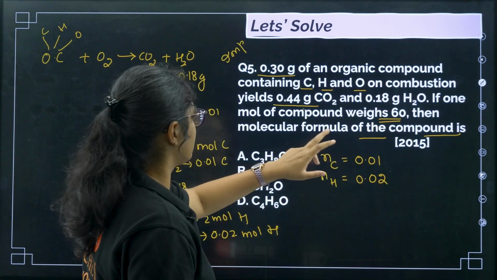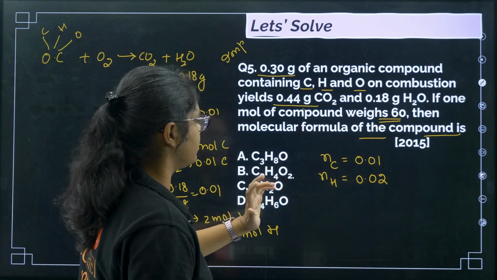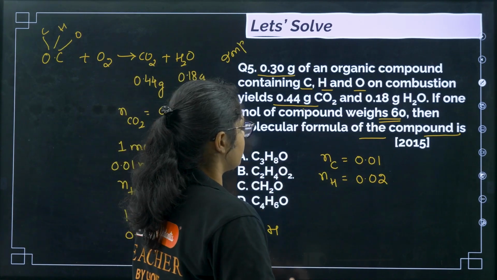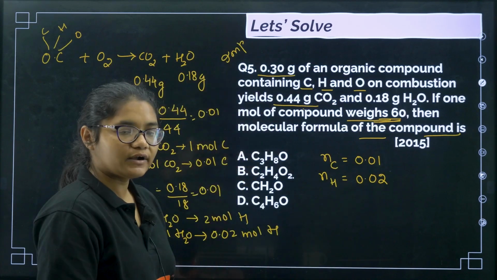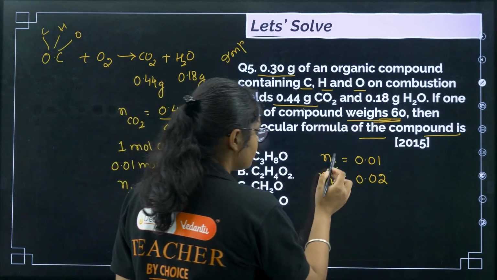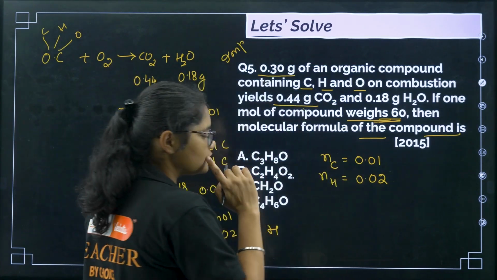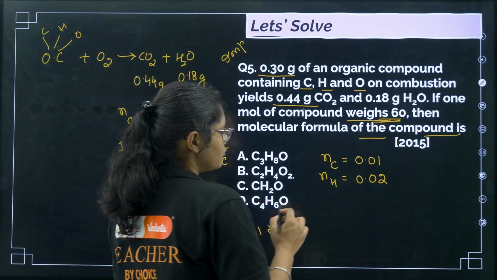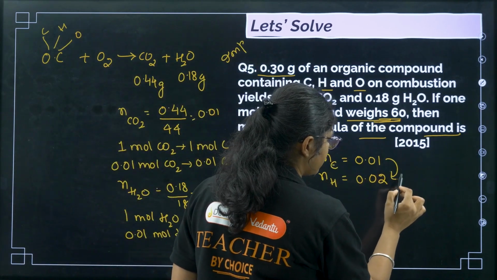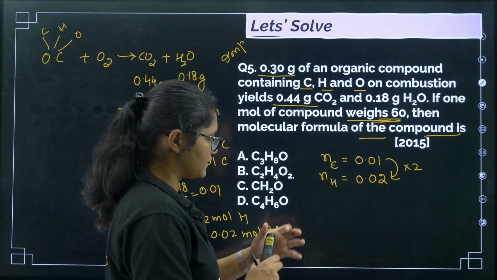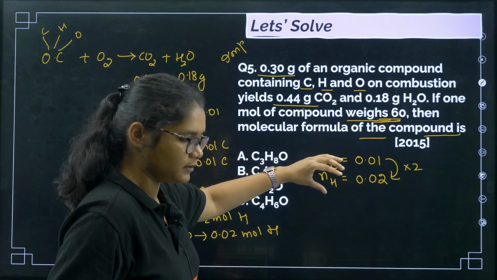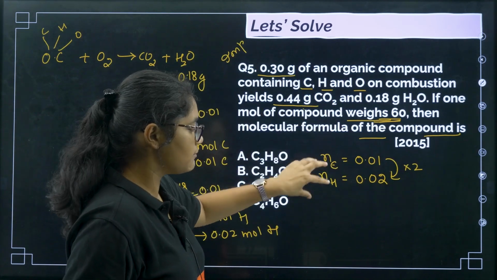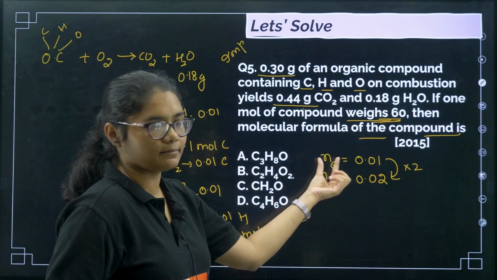Next, we need to calculate the molecular formula of the compound, and 1 mole of the compound weighs 60 gram. Okay, so now what do we observe here? In number of moles of carbon and number of moles of hydrogen, the number of moles of hydrogen is double that of carbon. Means in the options, the number of moles of hydrogen should be double the number of moles of carbon.